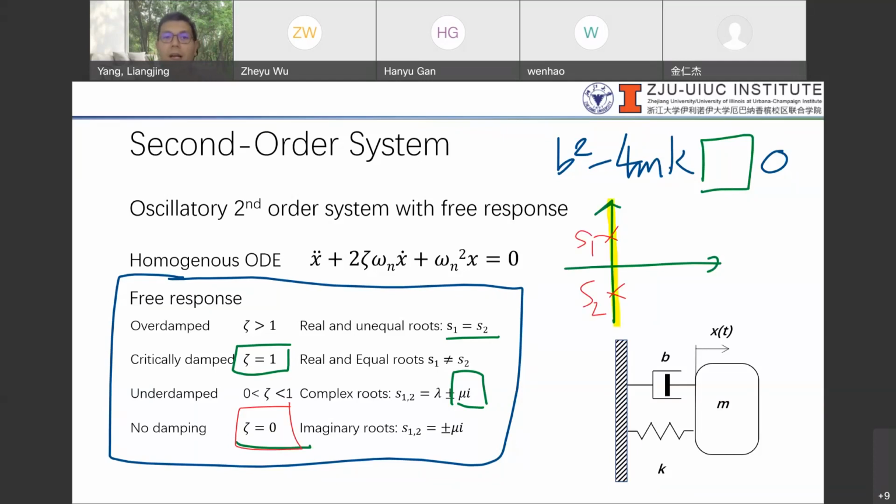Depending on what kind of input you send into the system, of course, free response will just be a sinusoidal function. But let's say if you send in a ramp input, of course, it's going to make it unstable, for an obvious example.